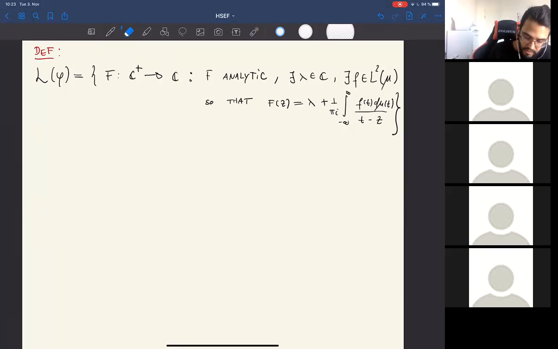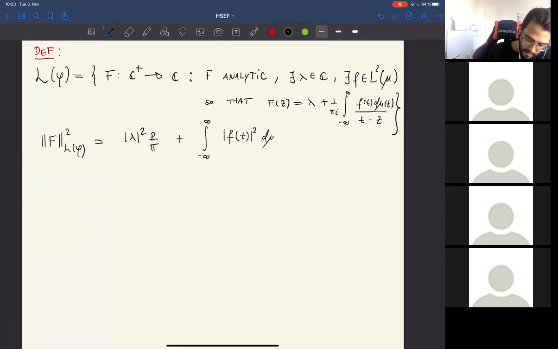Let me just define the norm in the space first. So the norm of the space, where we can put this subscript here or not, depending on whether I want to avoid a mess, will be basically just the norm squared of the constant term, multiplied by this factor, plus the norm squared of the function little f in this L2 space here.